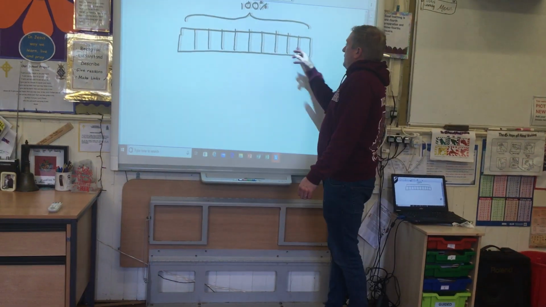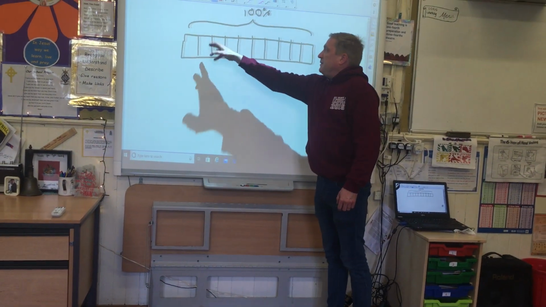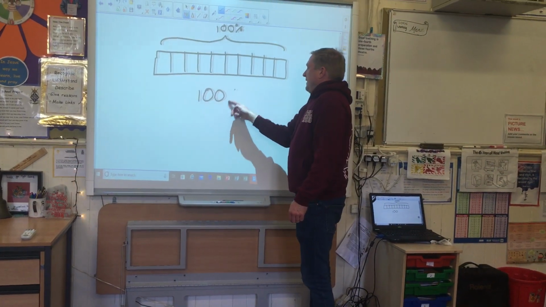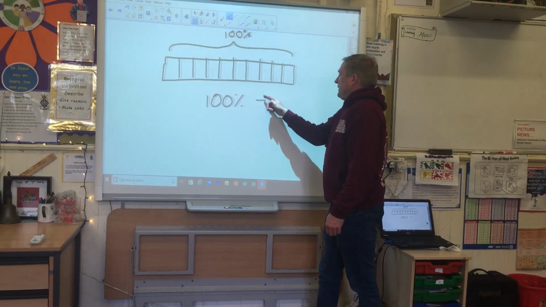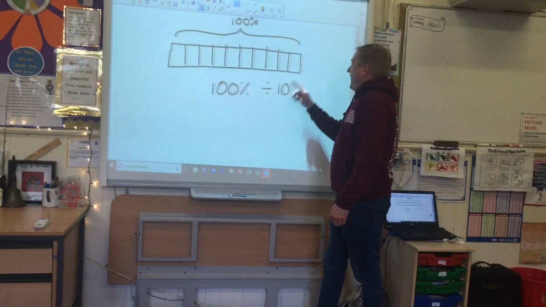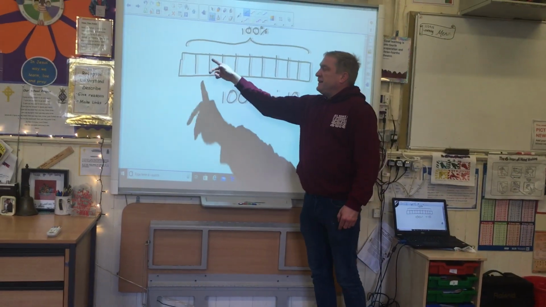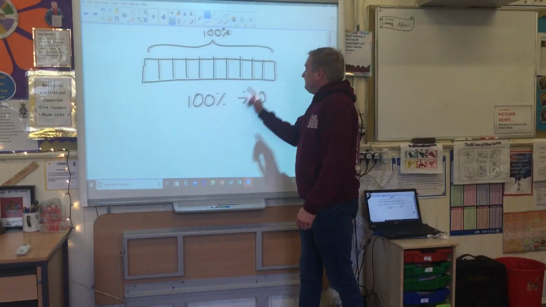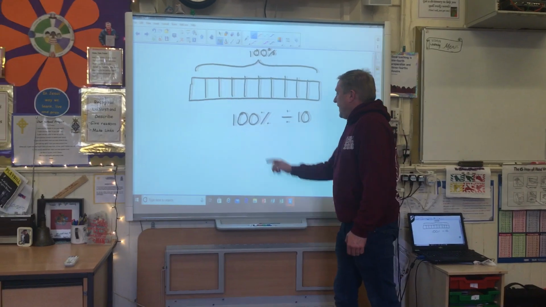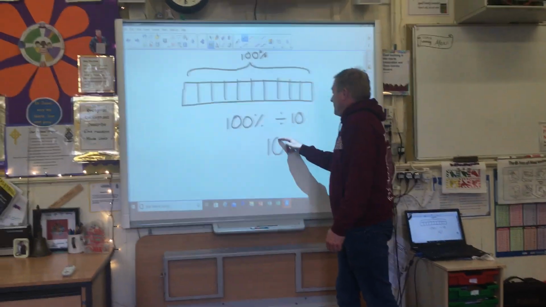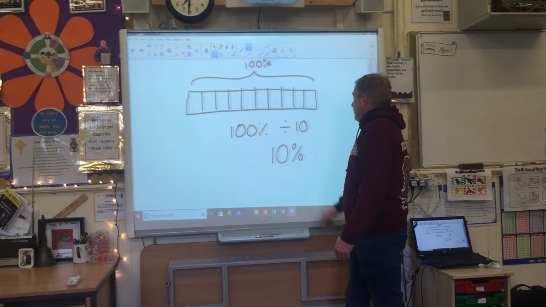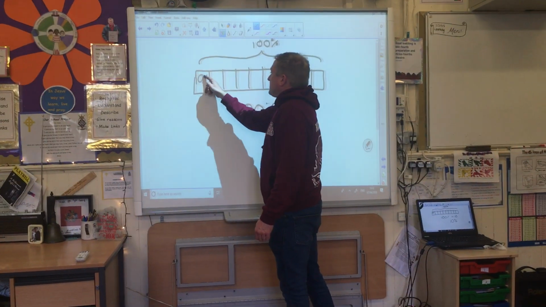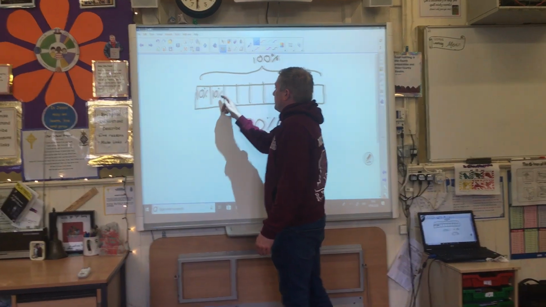So, what would each segment be worth? Well, it's 100%, and I'm going to divide that by 10, because there are 10 equally sized segments. And what would I get? 100 divided by 10. Each segment is going to be worth 10%. So that's 10%. Another 10%.